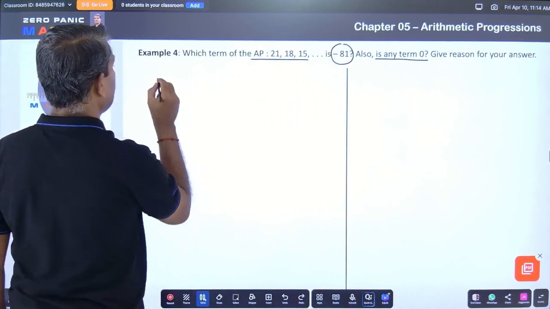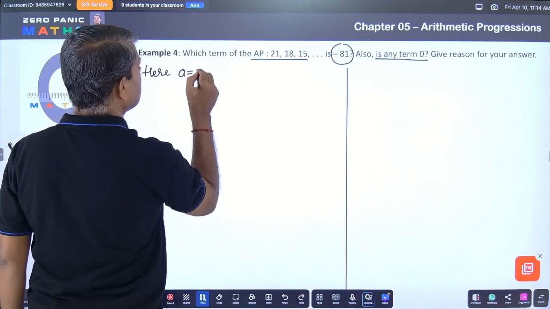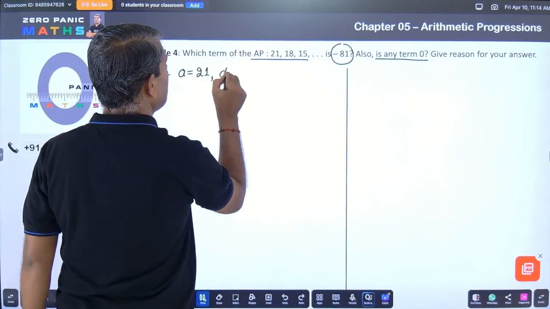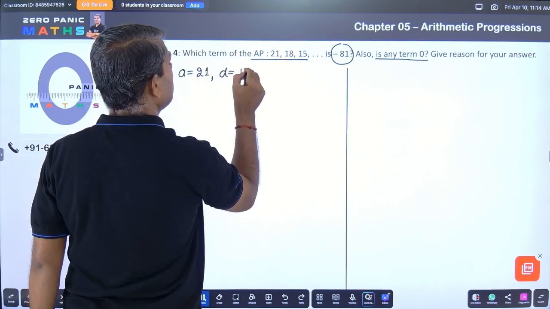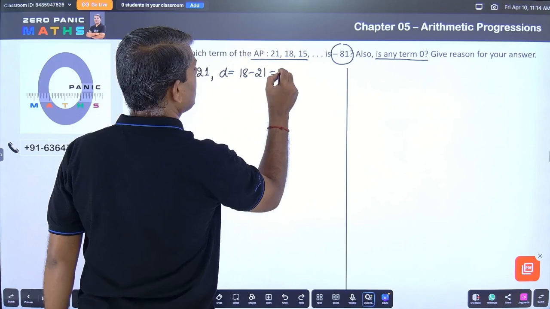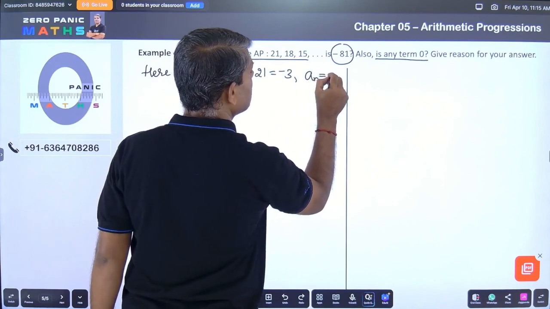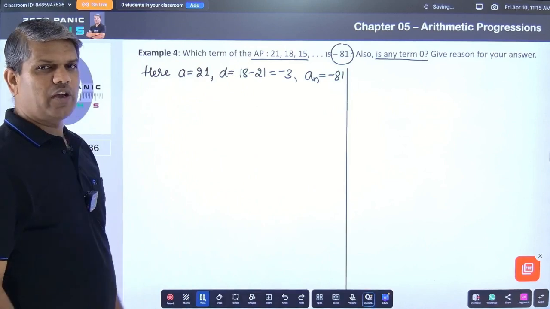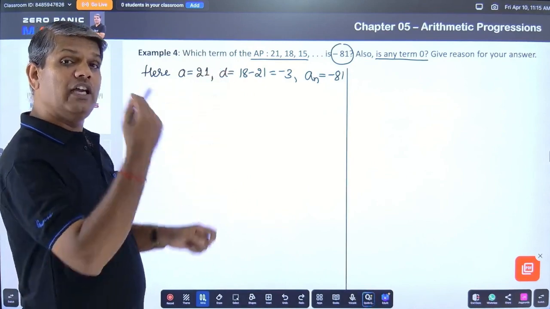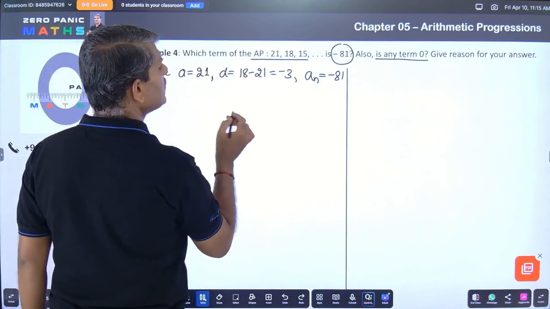Listen carefully. a is the first term, which is 21. The common difference d is the difference between the second and the first term, 18 minus 21, that is minus 3. And minus 81 is actually an. We don't know n, and that is what we are going to find, because they are asking which term of the AP it is. You understood this, right?